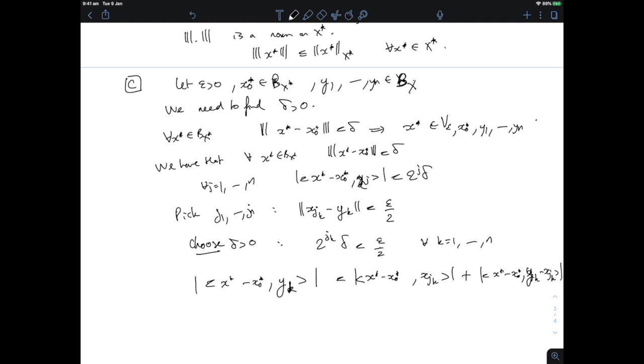Now for the first element, I can use that this is smaller than 2^jk delta, and then 2^jk delta is going to be smaller than epsilon over 2.